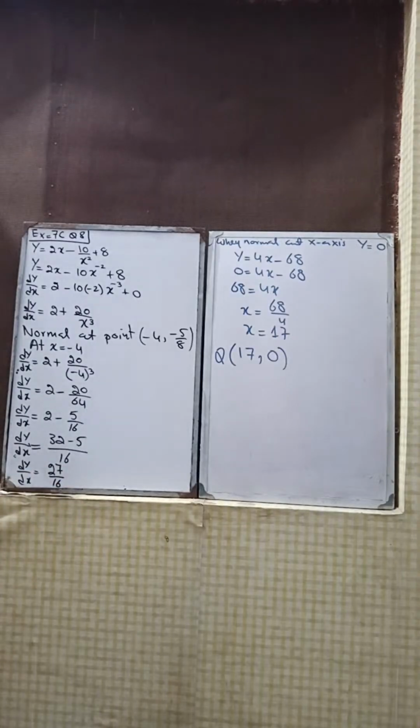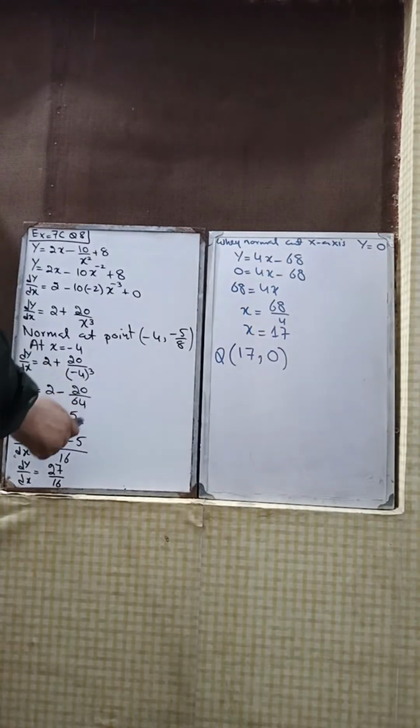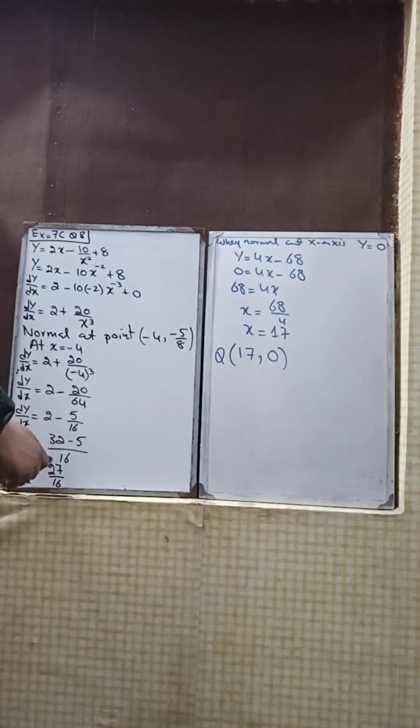Let me check that calculation again, to make sure that everything is good. So we put x equals -4. This is 2 minus 20 divided by 64. We cut it with the 4, so this is 5 by 16, 16 twos are 32, 32 minus 5 is 27, 27 by 16.